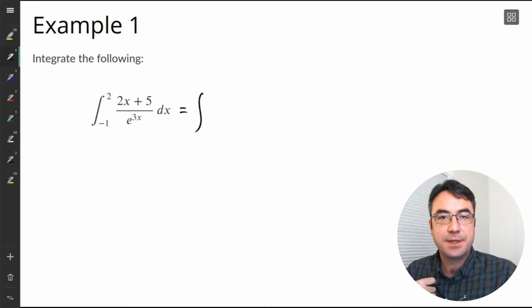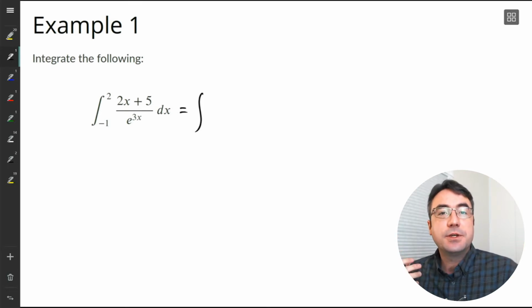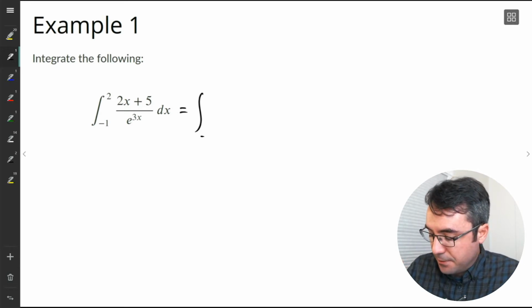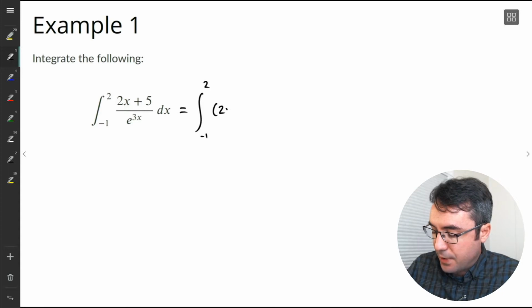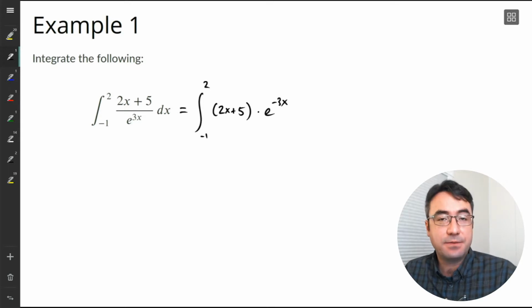So I'm going to write this as (2x + 5) times e, and then instead of a fraction, it'll be e raised to the -3x.